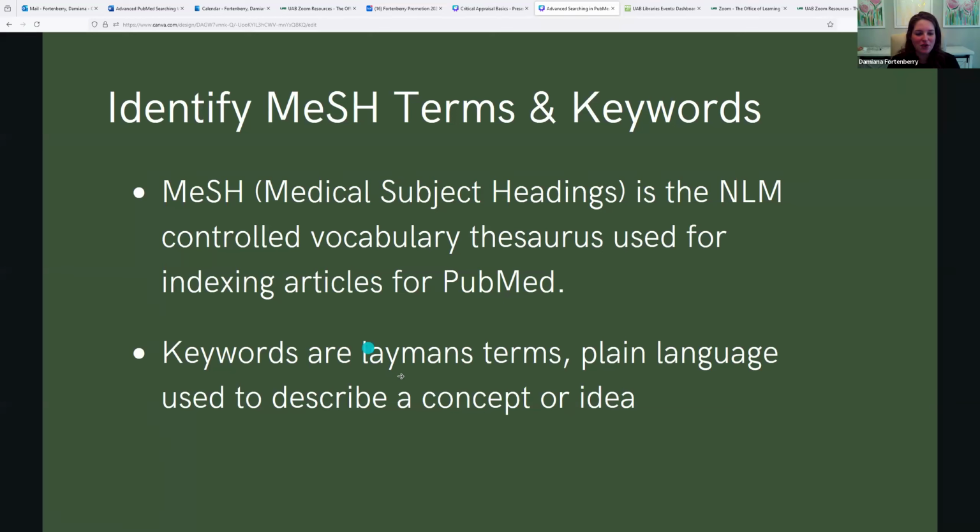They can be very professional, but they're going to be kind of like common language you use in a conversation to talk about something medical. And a combination of both these layman's terms as well as MeSH is what makes your search more comprehensive, which is a good thing.